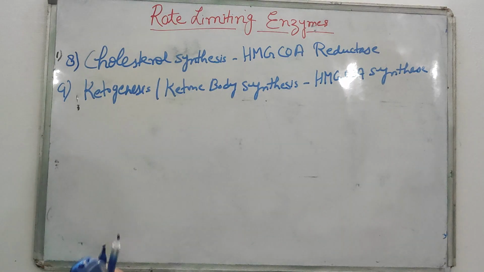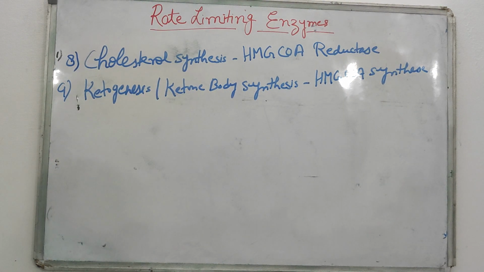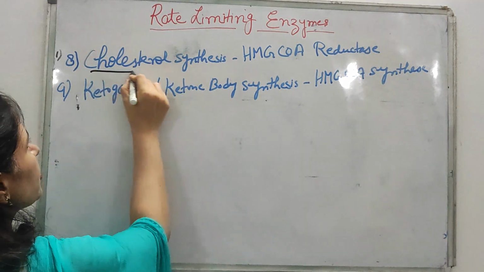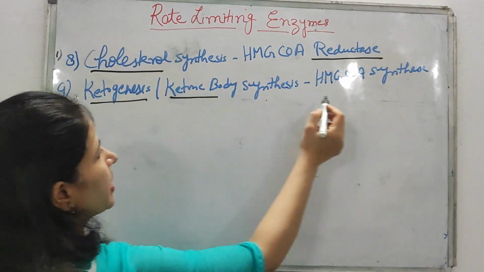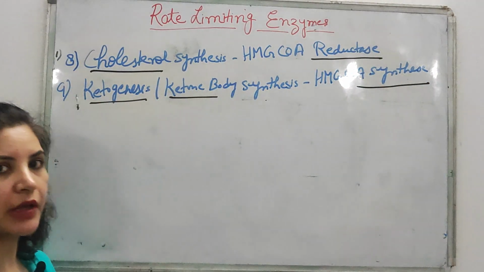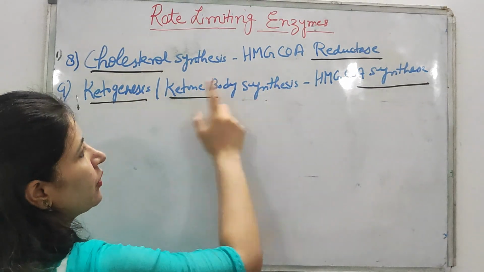So remember, this is HMG CoA reductase and HMG CoA synthase, so don't confuse them. In cholesterol synthesis it is reductase, and for ketogenesis or ketone bodies it is synthase.